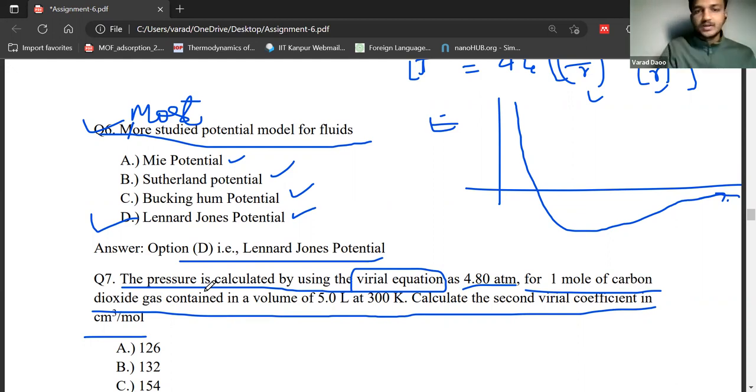Okay, so the pressure calculated using the virial equation is given. Okay, so these are the options. I'll give you a couple of minutes to solve. Okay.